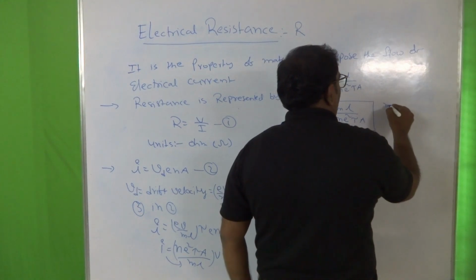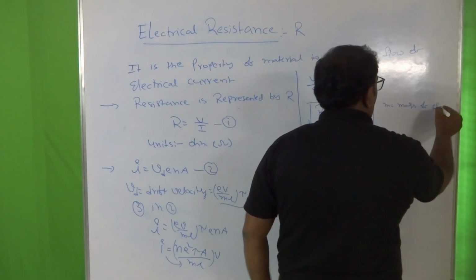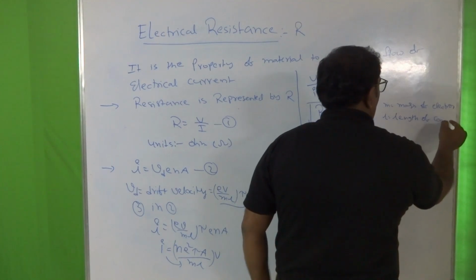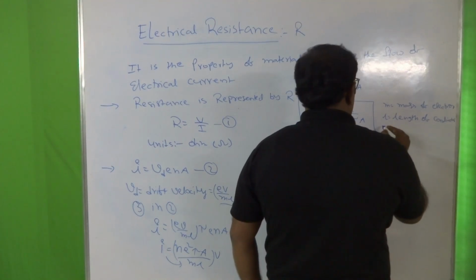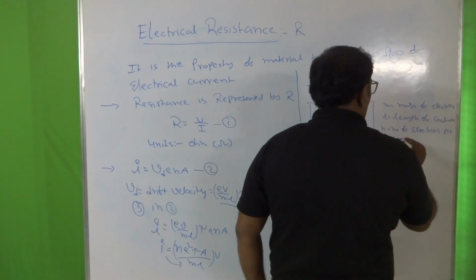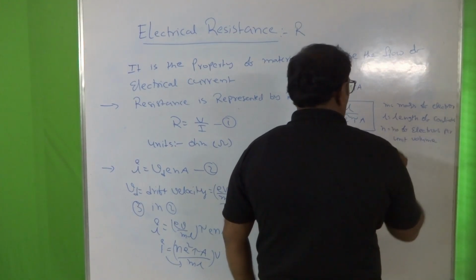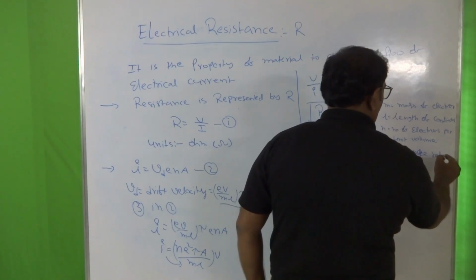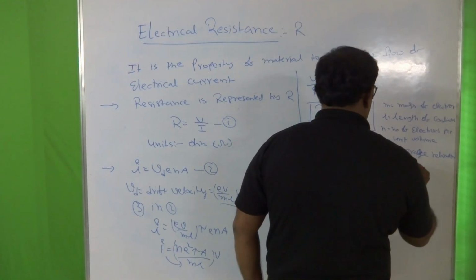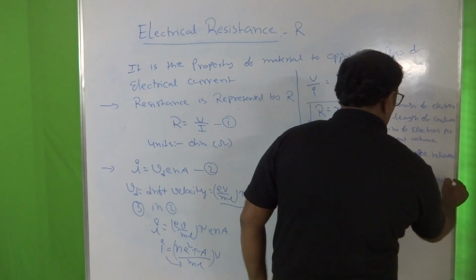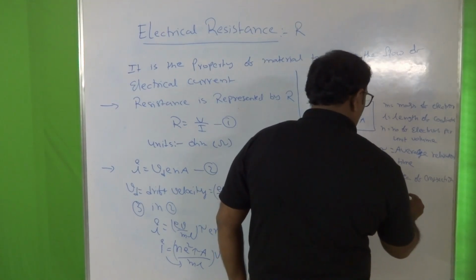Where m equal to the mass of electron, L equal to the length of conductor, n equal to the number of electrons per unit volume, tau equal to the average relaxation time, A equal to the area of cross section, and E equal to the charge on electron.